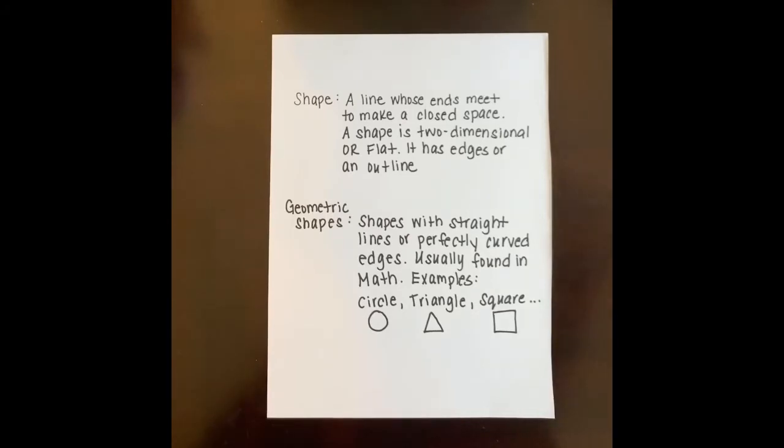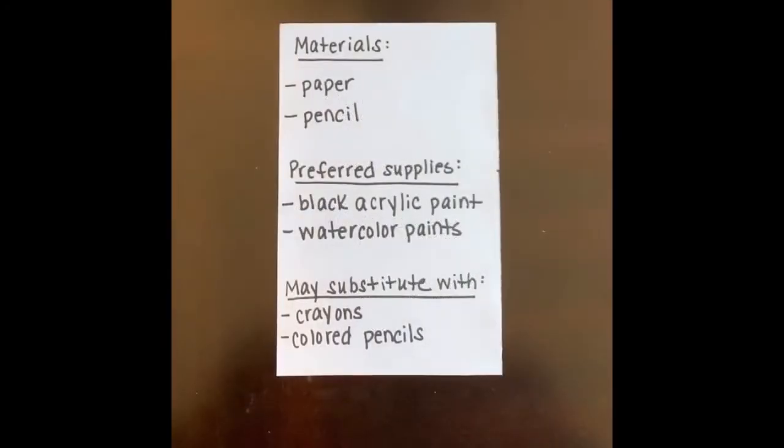All right, let's see our materials. Our materials list for this project, you will need paper and pencil. The preferred supplies are black acrylic paint and watercolor paints. If you do not have these available, you can substitute them with crayons and colored pencils. The only issue with that is you really won't be printmaking, you'll be drawing, but hey, work with what you have.